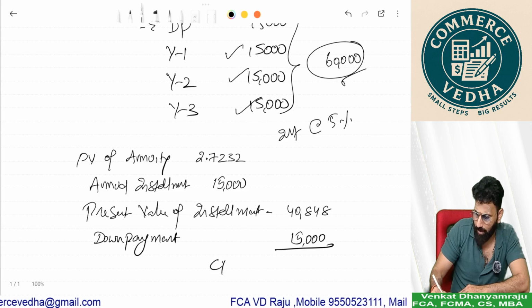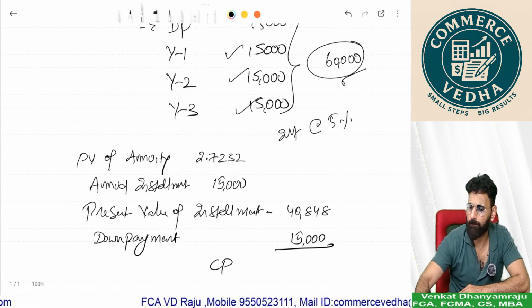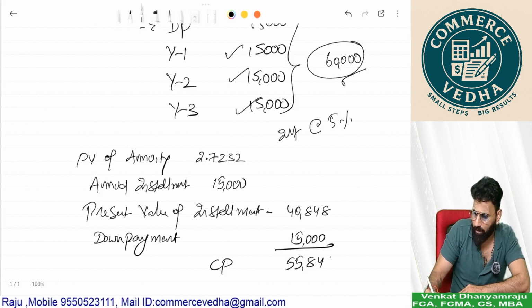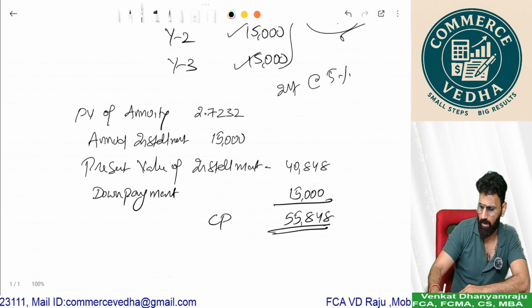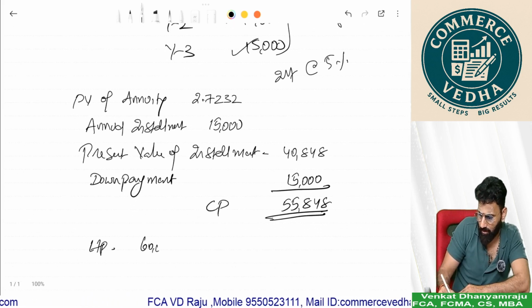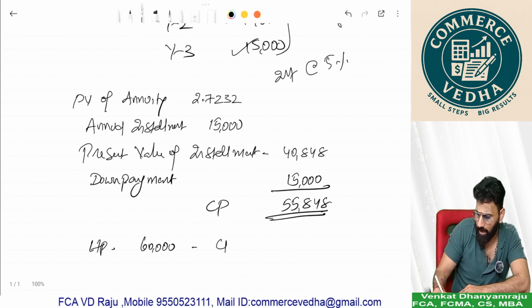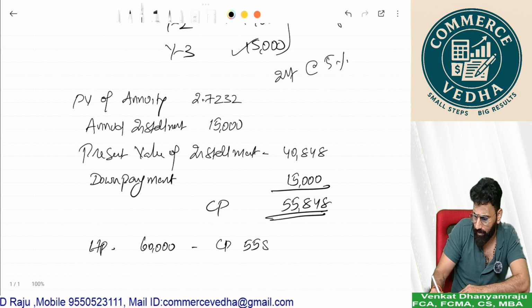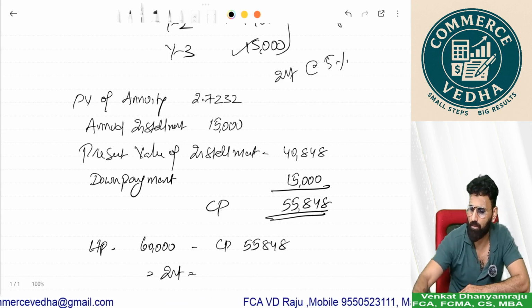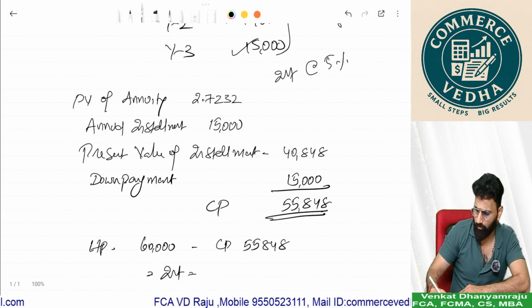So the cash price is 55,848. And the hire purchase price is 60,000, minus cash price 55,848. So the interest equals 4,152.